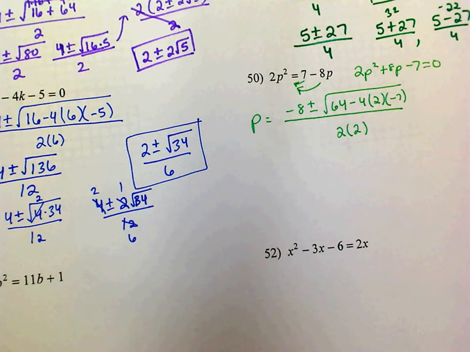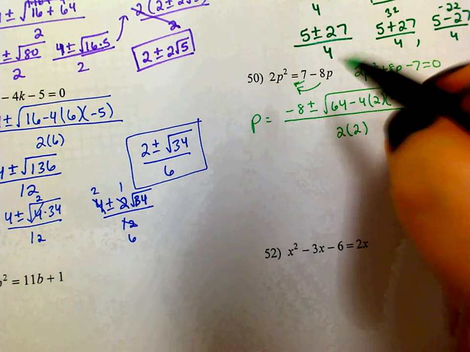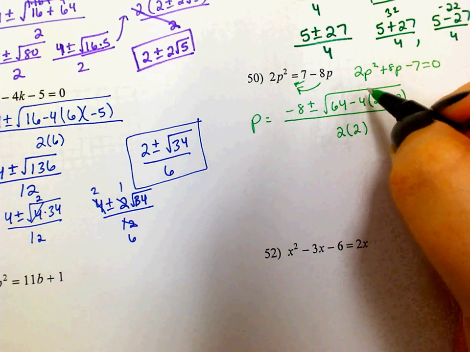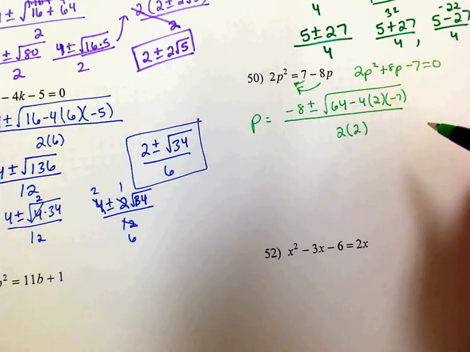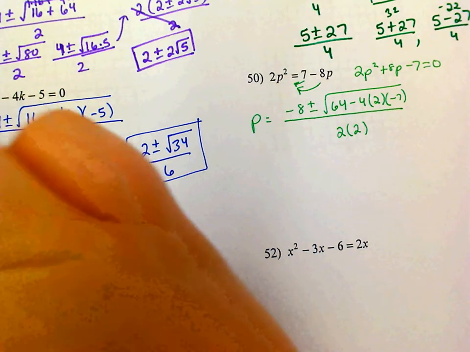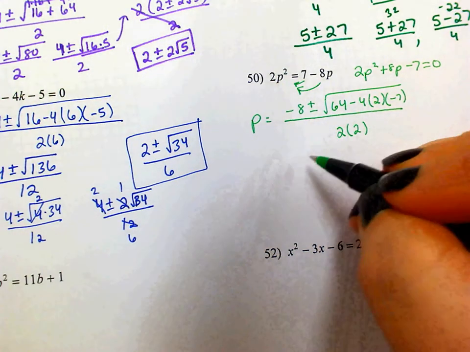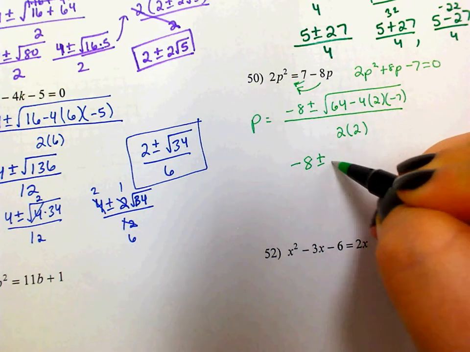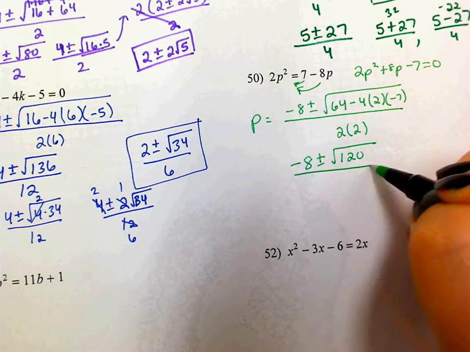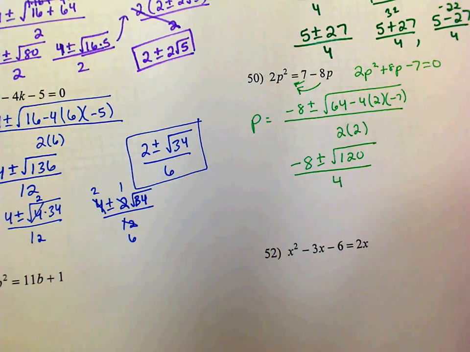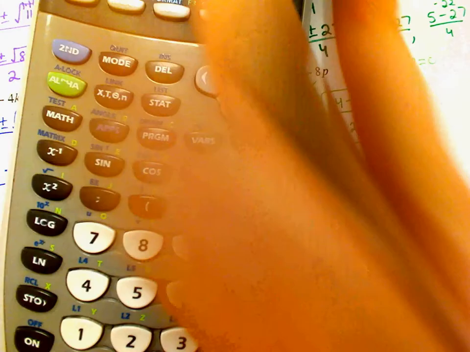That should be 120. Yeah. So negative 8 plus and minus the square root of 120 over 4. I know 120 divides by 4 30 times. And 30 is just 2 times 15. So yeah, I think it's 4 times 30.